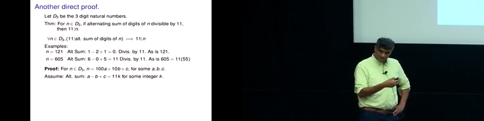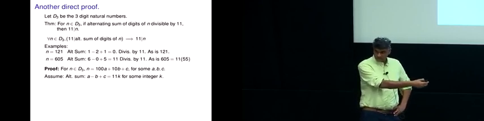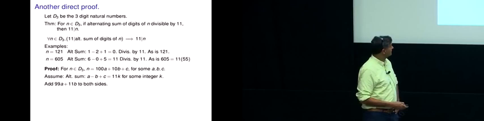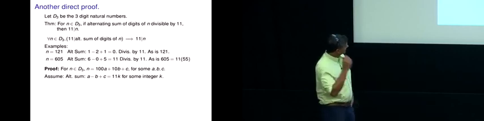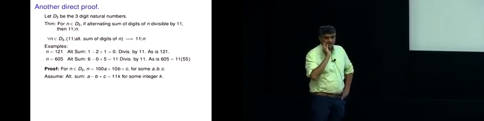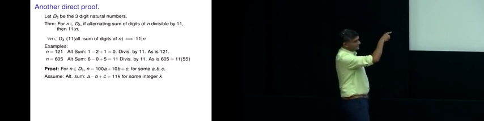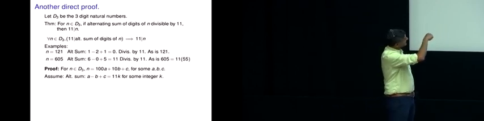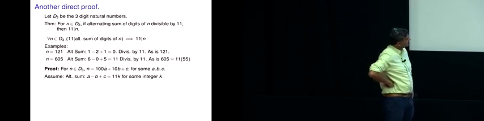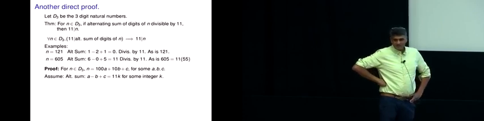So 11 times some integer K is equal to A minus B plus C. Now what I want to do is get Q somehow. 11 divides N, right? And now we see N up here. And we see the left-hand side, which kind of looks like N, but it doesn't. How might we change it to look like N?